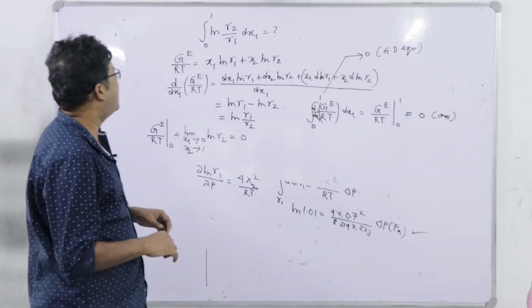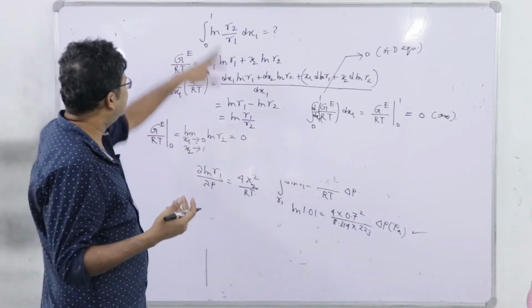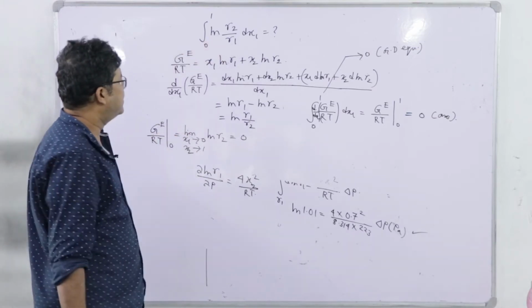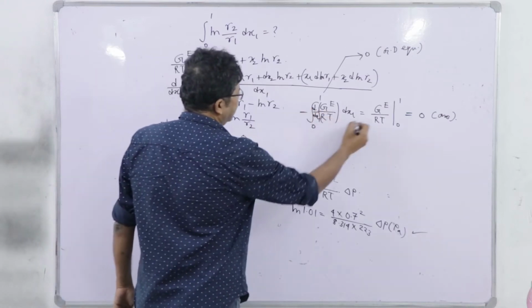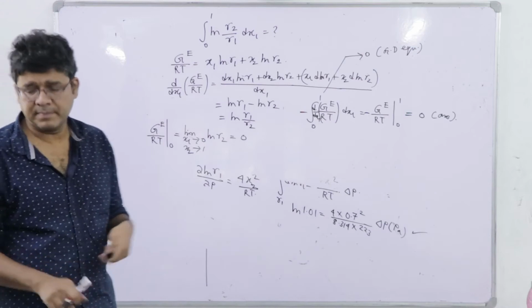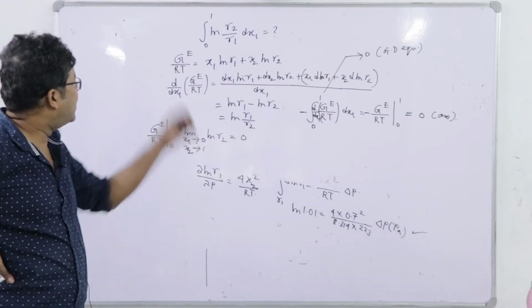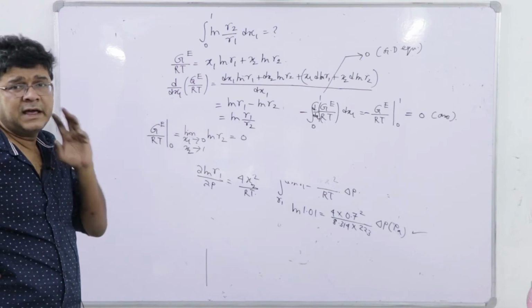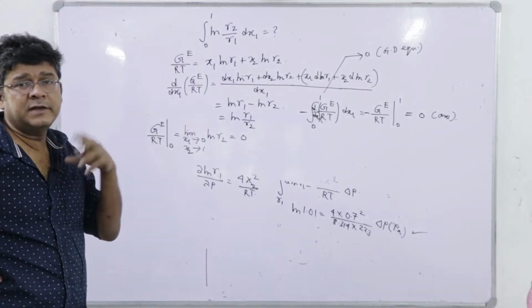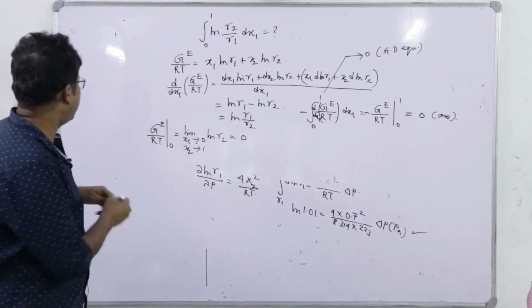So ln of gamma 2 by gamma 1 or gamma 1 by gamma 2, anything basically. Here I have written it one way; we can put a minus sign and there will be a minus sign, but the results will be the same. So the plot of ln of gamma 1 by gamma 2 versus x1 will be symmetric in terms of area.